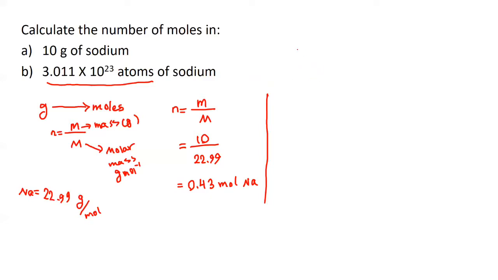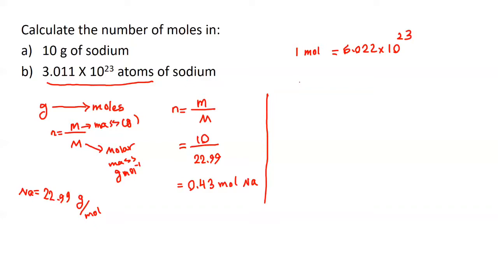If you remember, 1 mole of everything is equal to 6.02 times 10 to the power 23 of that particle. So right now 1 mole is this number. You have 3.011 times 10 to the power of 23 atoms of sodium.